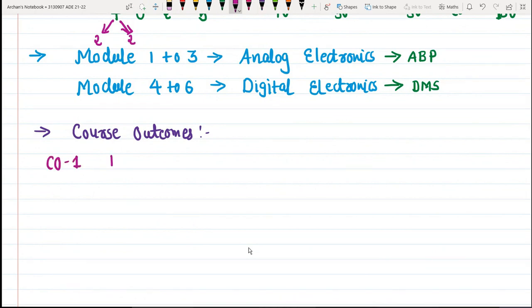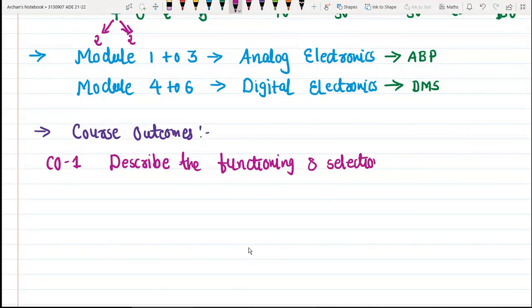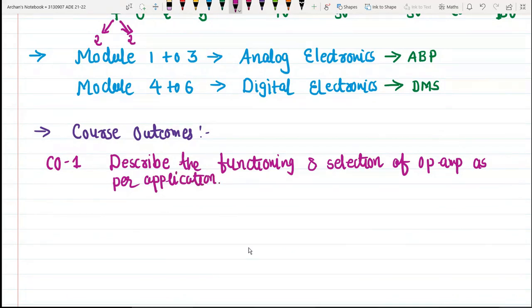The first one is, after successful completion of this subject, you will be able to describe the functioning and selection of op-amp as per application. You will find a number of applications of analog and digital electronics.